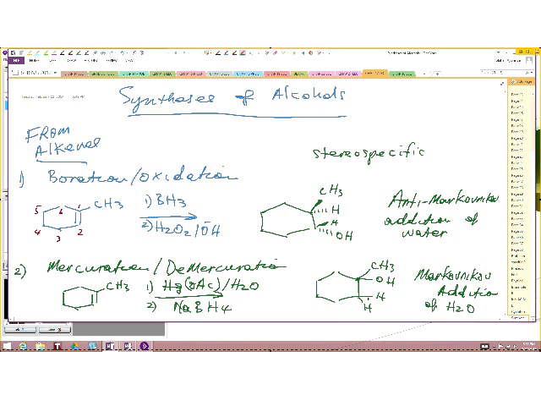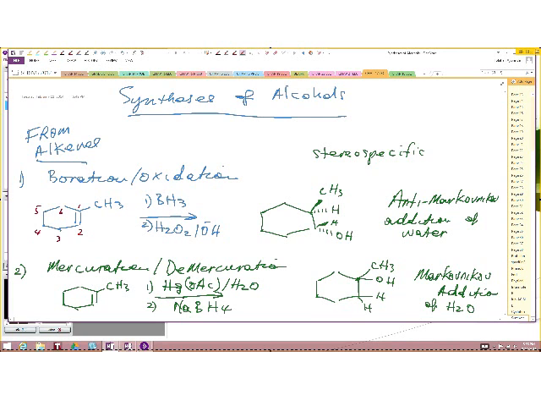So the point to be made here, you need to know these reagents. If I give you this reagent here, and I give you an alkene, you say, oh, okay, all it does is add water across the carbon-carbon double bond in an anti-Markovnikov fashion. You should be able to say that in your own words. When you say that, then you understand it. Don't just read it. You should be able to say it. Same thing with this reagent here. You take a look at this reagent, mercury acetate, followed by sodium borohydride.